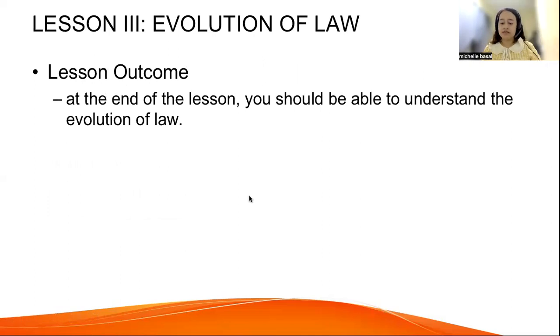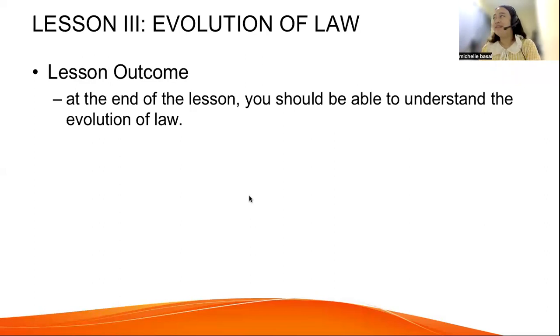So, let's discuss the history of criminal law. At the end of the lesson, you should be able to understand how the law evolved, how the criminal code became as it is today. Actually, for the information of everyone, our criminal code was largely taken from Spanish law.